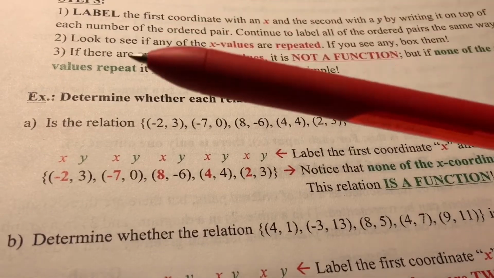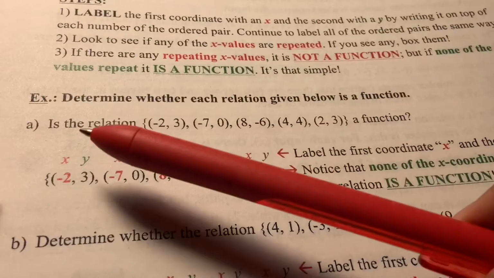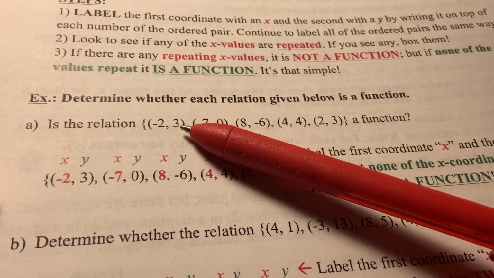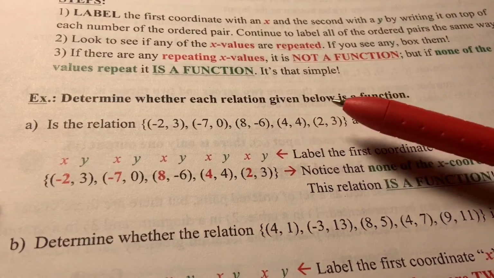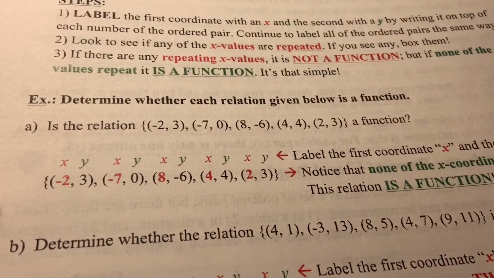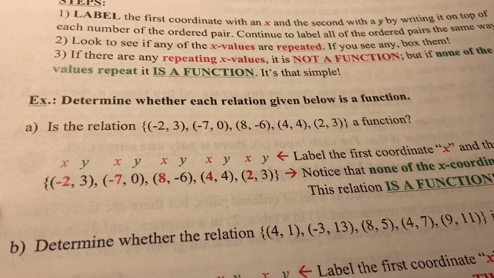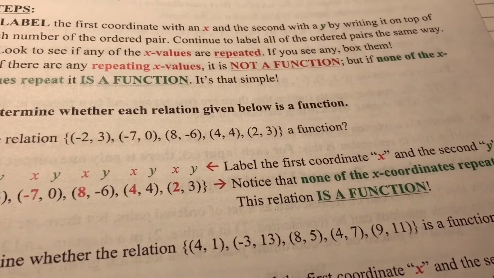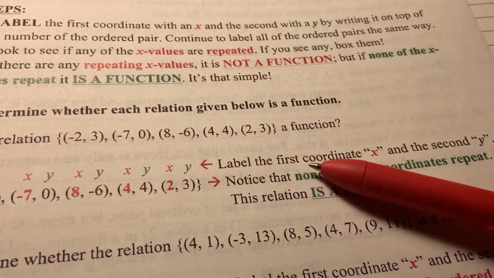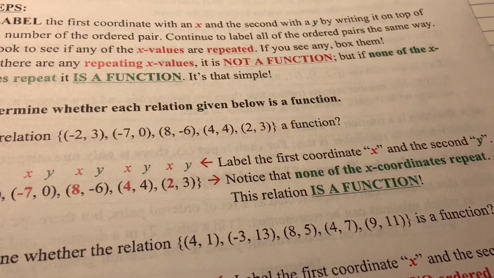Example A. Is the relation (-2, 3), (-7, 0), (8, -6), (4, 4), (2, 3) a function? Well, let's follow my steps. Step 1, I wrote it right here. Label the first coordinate X and the second Y. So look what I did.